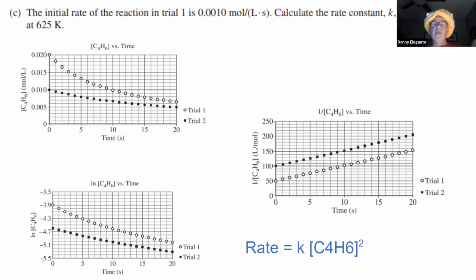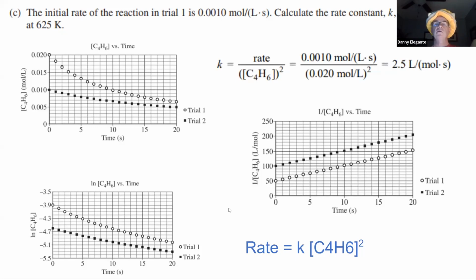The rate, they tell us, is 0.0010, so I can plug that in. I know the initial concentration for trial 1 is 0.020. If I plug in the rate and the initial concentration they give me, I can solve for k.